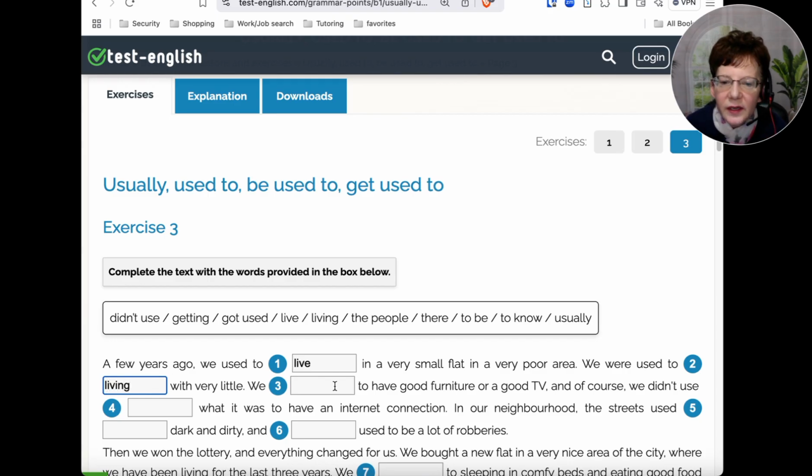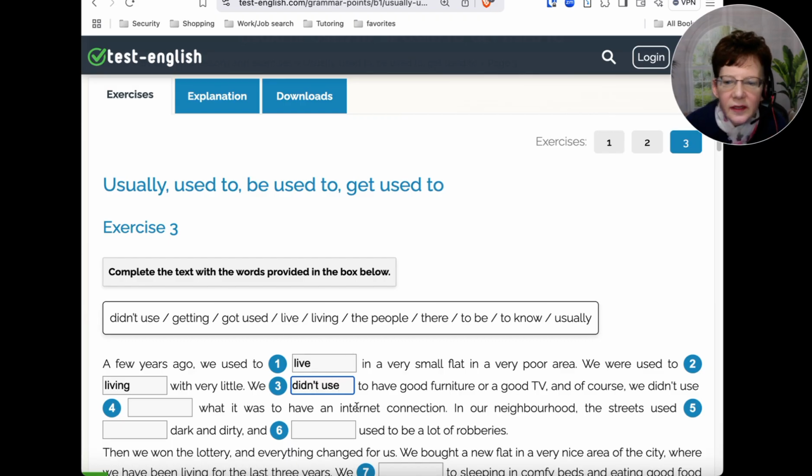We what to have good furniture or a good TV. And of course, we didn't use. So let's look at number three. That means it's part of the story. If it's negative, we have didn't use, no D at the end, just like here.